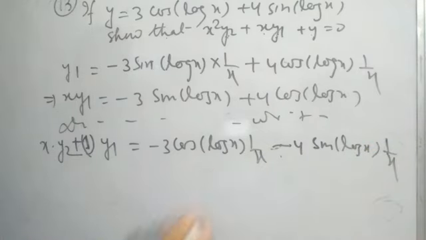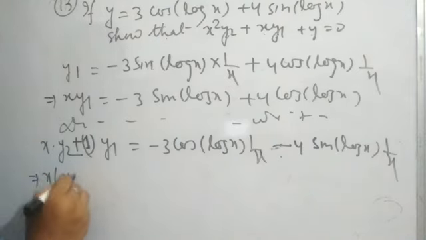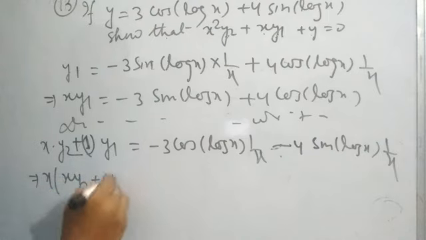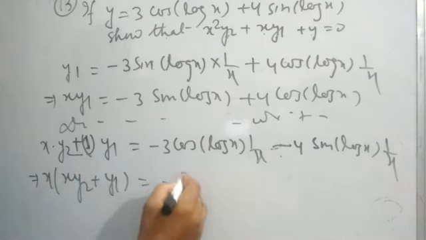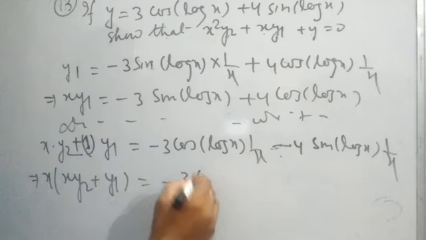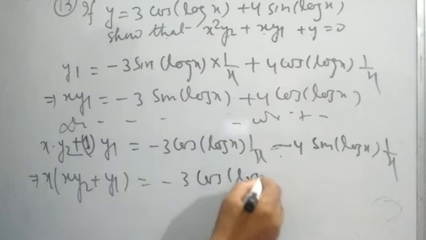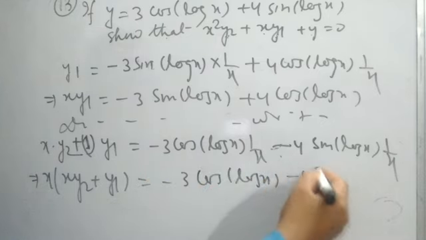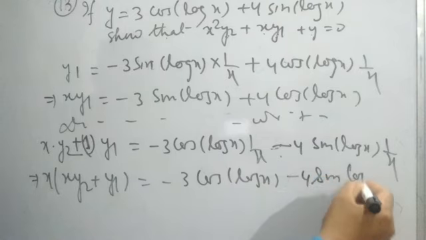Taking LCM on the RHS and multiplying on the LHS, x into x y2 plus y1 is equal to minus 3 cos log x minus 4 sin log x.